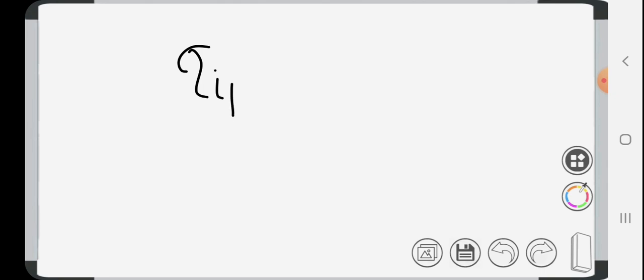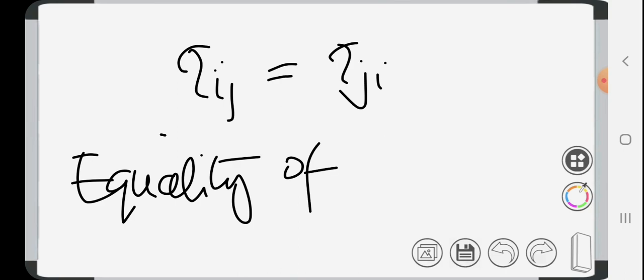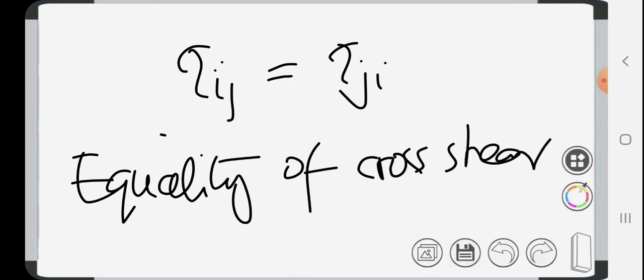Equality of shear is tau ij equal to tau ji. This is called equality of shear. There is a derivation, but don't worry about it; you are not required to derive those equations.